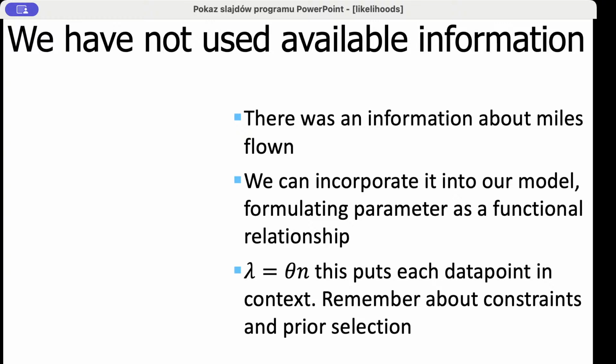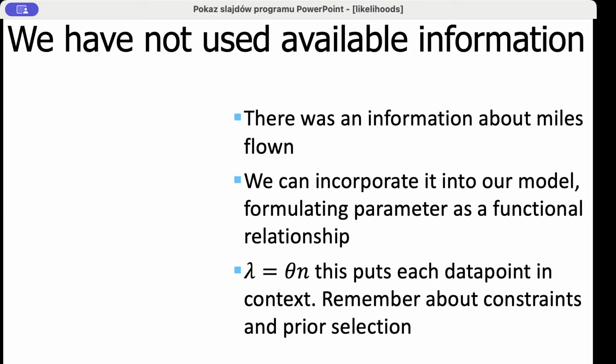So instead of our intensity lambda, we will have a new parameter that is dependent on the number of miles flown each year. We formulate it as lambda equals theta n, and it puts each of the data points in a certain context.